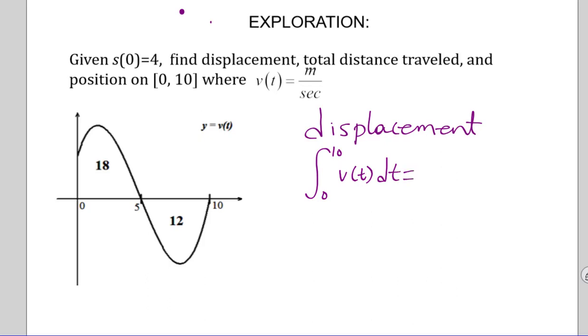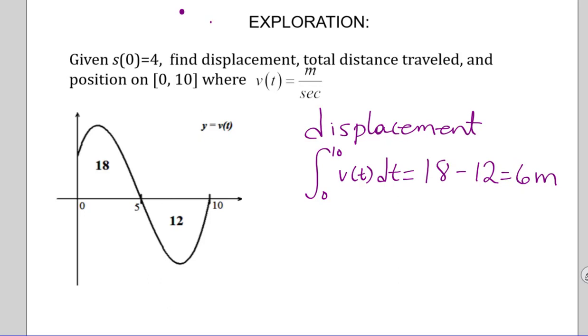Okay, and basically I can just say 18 minus 12, right? We could have broken it up from 0 to 5 and then 5 to 10, but we get 18 minus 12, or 6 meters. Okay, we're integrating velocity, and remember the integral of velocity is going to be position, so we've had a displacement in our position of 6 meters.